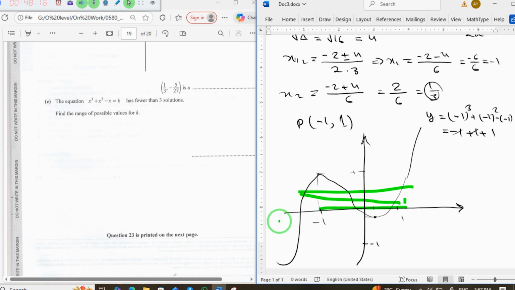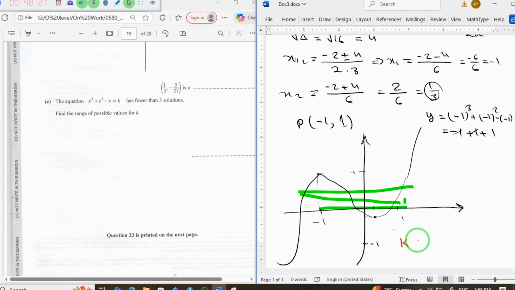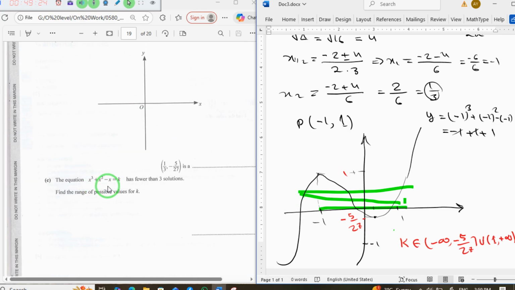For k from minus infinity to minus 5 over 27, there is one solution, because the horizontal line intersects the graph at just 1 point. Union 1 to plus infinity, in this interval the equation has only 1 solution, other times it has 3 solutions.